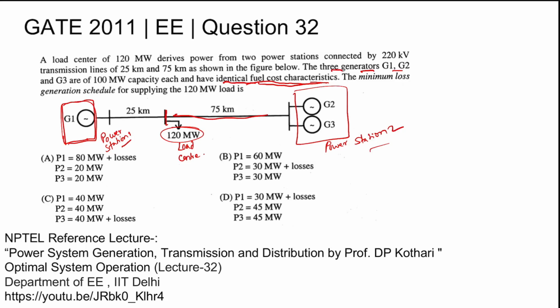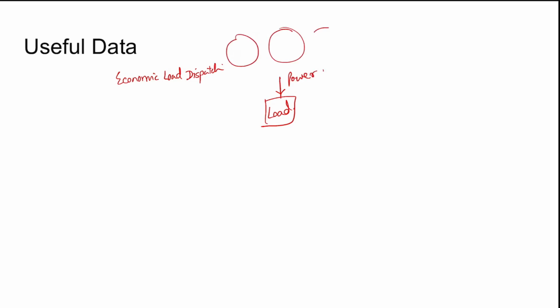So you have to find the scheduling such that losses are minimized. Now there is one term, economic load dispatch. That means there is a load which needs some power, and there are generators G1, G2, G3.